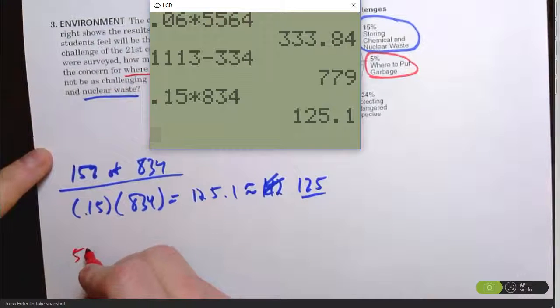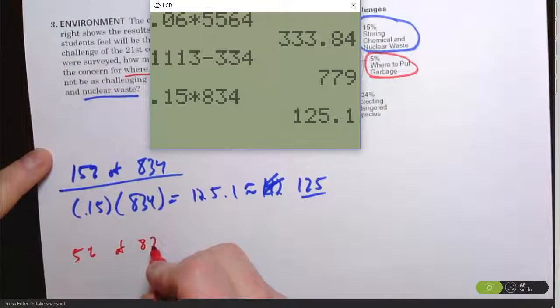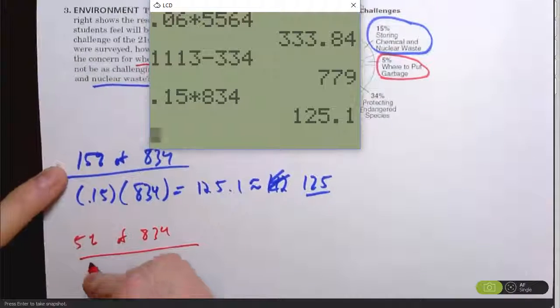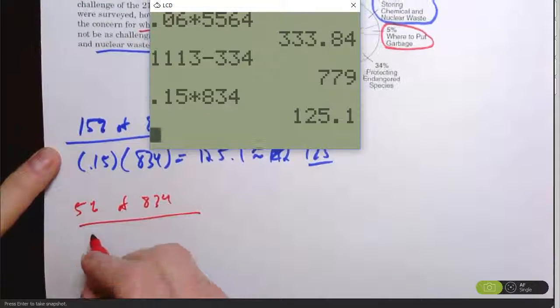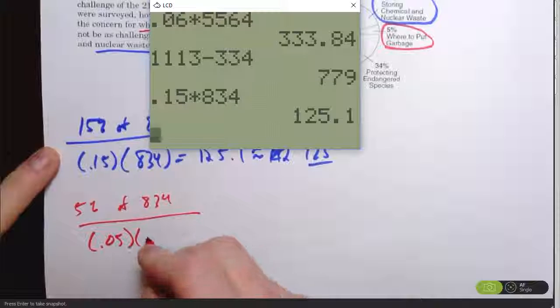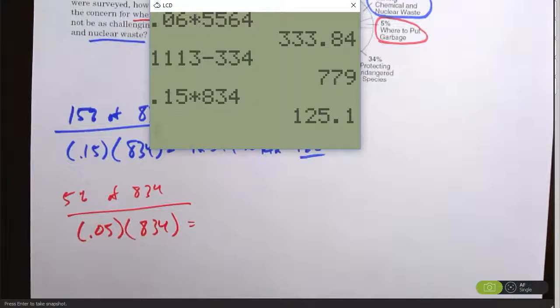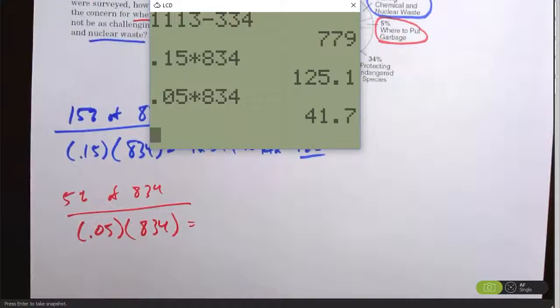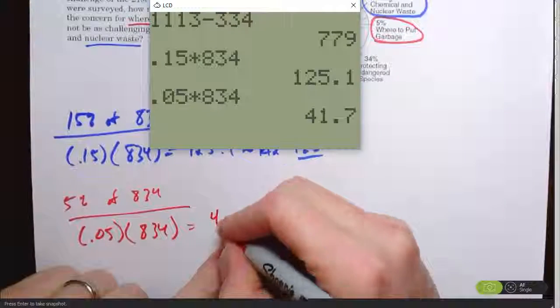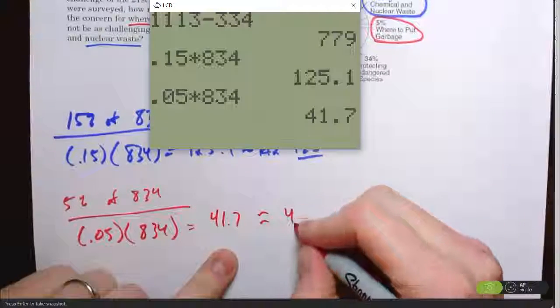So we're doing 5% of 834, which is 0.05 times 834. So again, we get out our calculators, and that gives us 41.7, which we're going to say is 42.